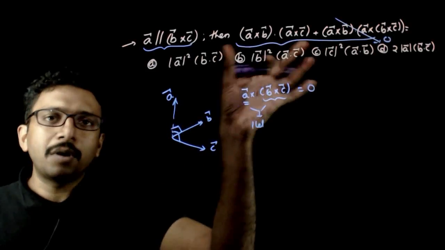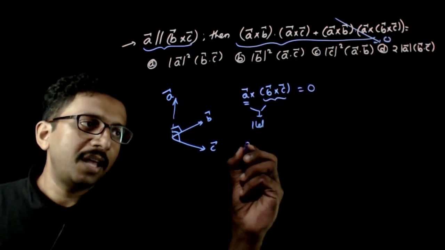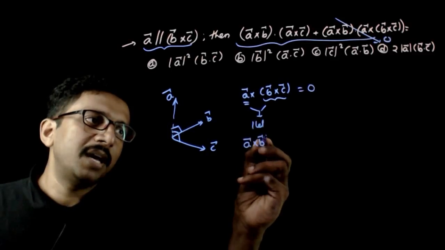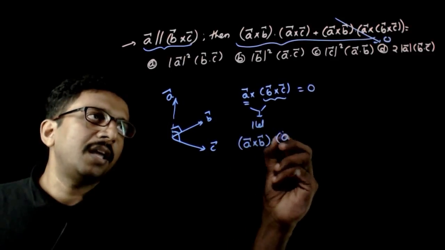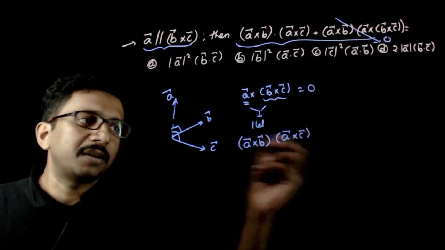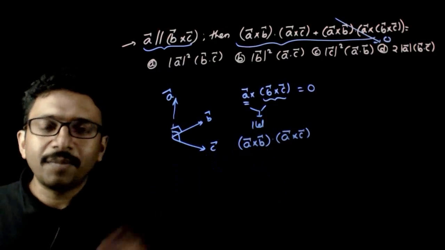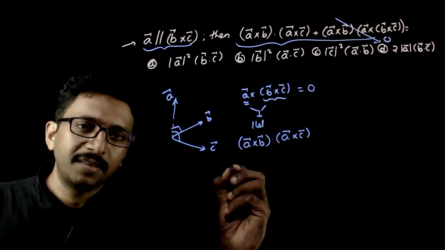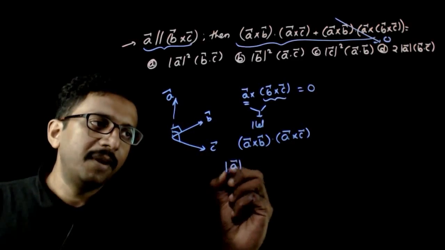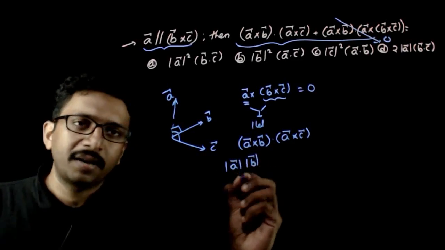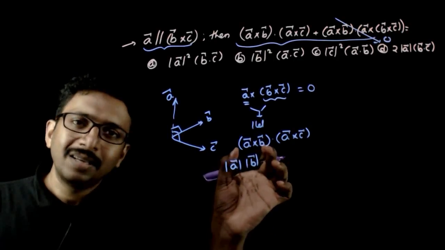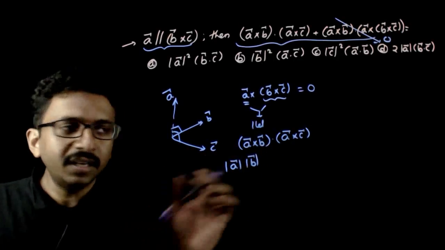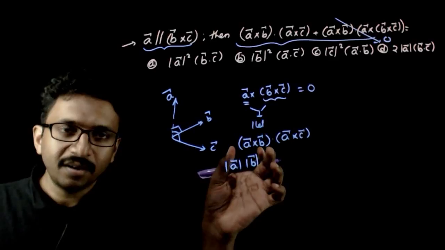So now you have to concentrate on your first term, A bar cross B bar dot A bar cross C bar. Now what is A bar cross B bar? A bar cross B bar is nothing but mod A bar into mod B bar into the sine of the angle between A bar and B bar.